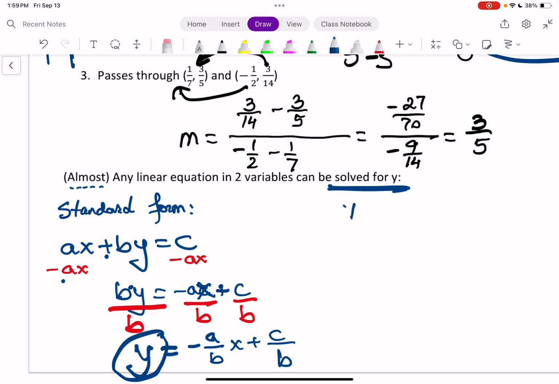This form, where y is by itself, in fact, it's a little bit unfortunate because of the notation used here. The fact that we're using m for the coefficient of x is no mistake.